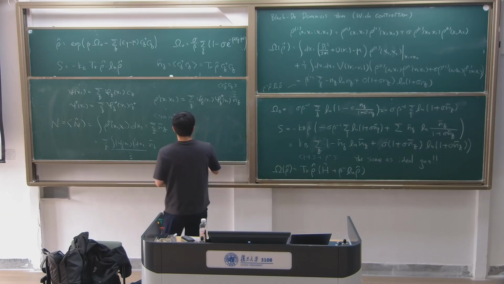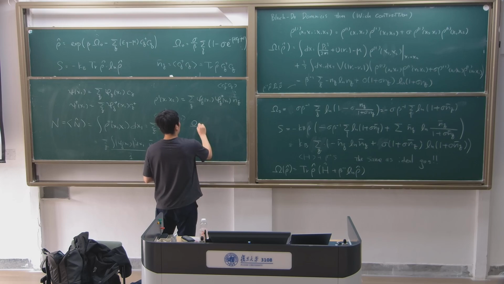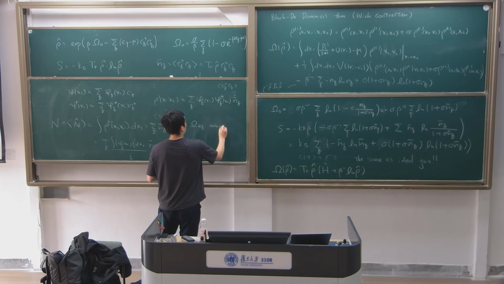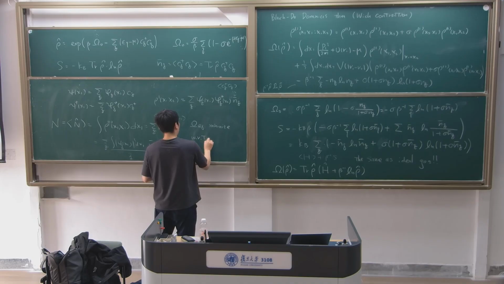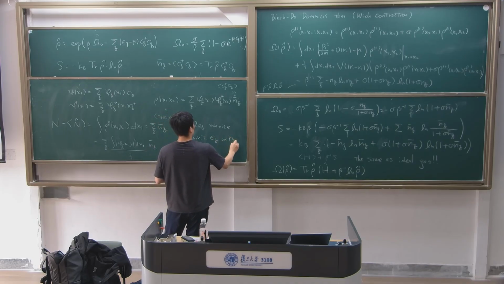Then in equilibrium, omega has to be stationary, like minimal, with respect to phi q or phi q star.